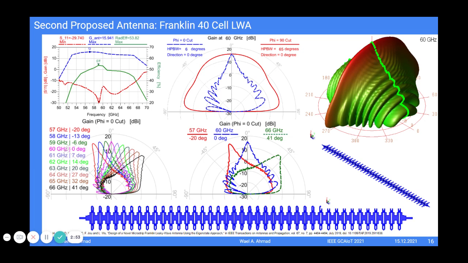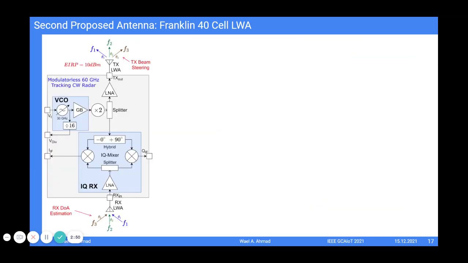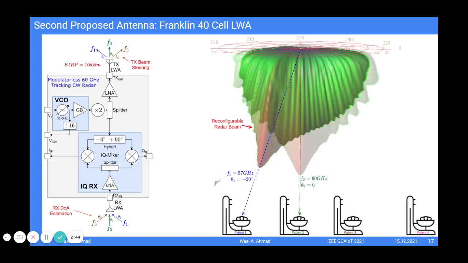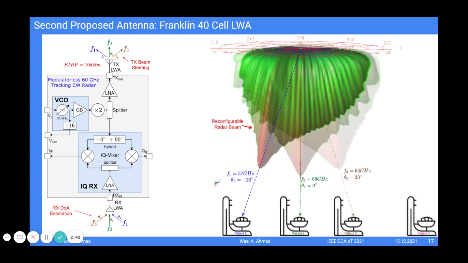We can simulate the multi-patient room again with this antenna. So we would cover an angular range from minus 20 degrees at 57 gigahertz up to 41 degrees at 66 gigahertz with a beam as narrow as 6 degrees.